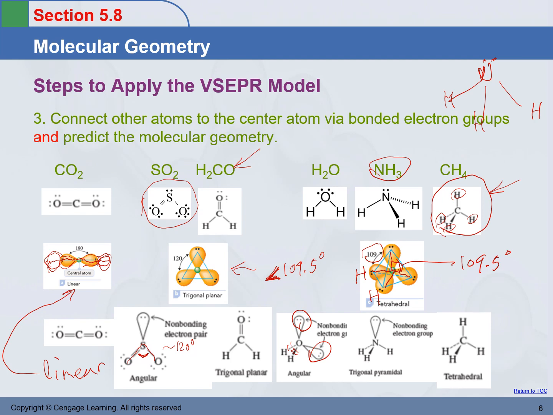The bonded pairs are limited between two nuclei. Lone pairs are right there with fewer limitations on their movement, so they take bigger space. They push the bonded pair electrons downwards a little further. Therefore, the angle from hydrogen, oxygen, hydrogen is a little bit smaller than 109.5.